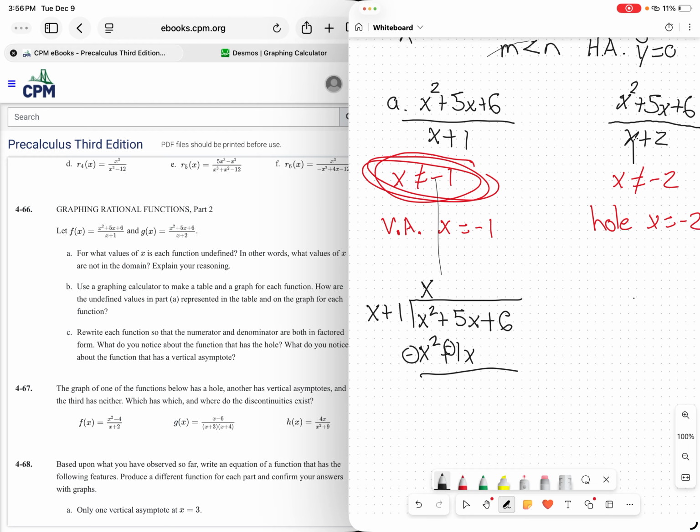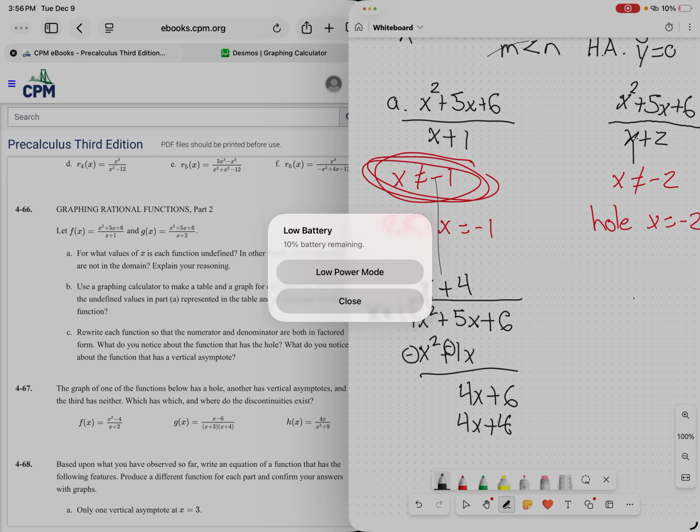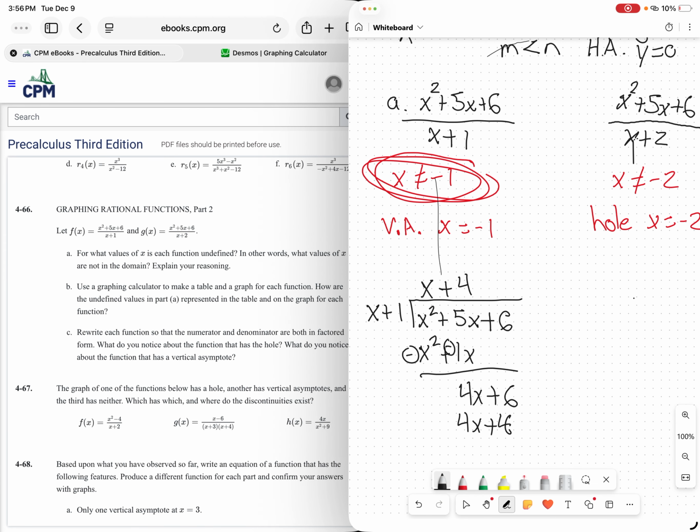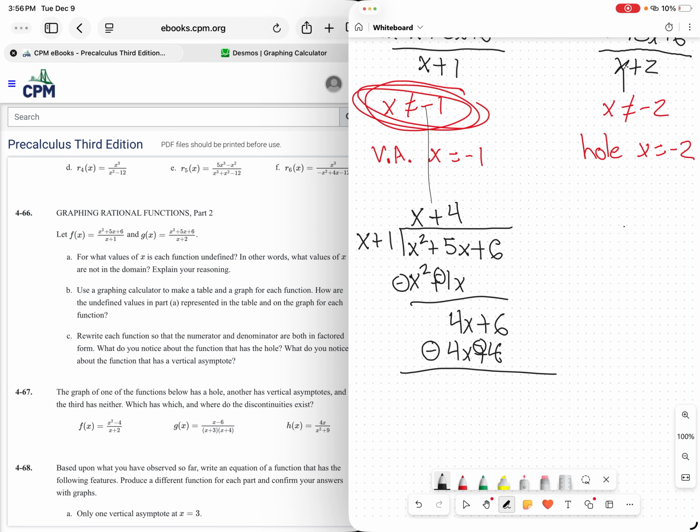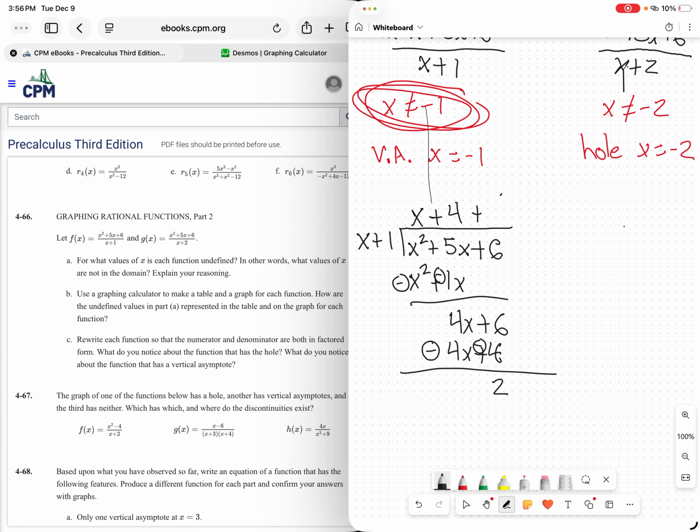Change our signs. We have 4x plus 6, so plus 4, 4x plus 4. Change our signs. We see here we get 2 as a remainder, so plus 2 over x plus 1.